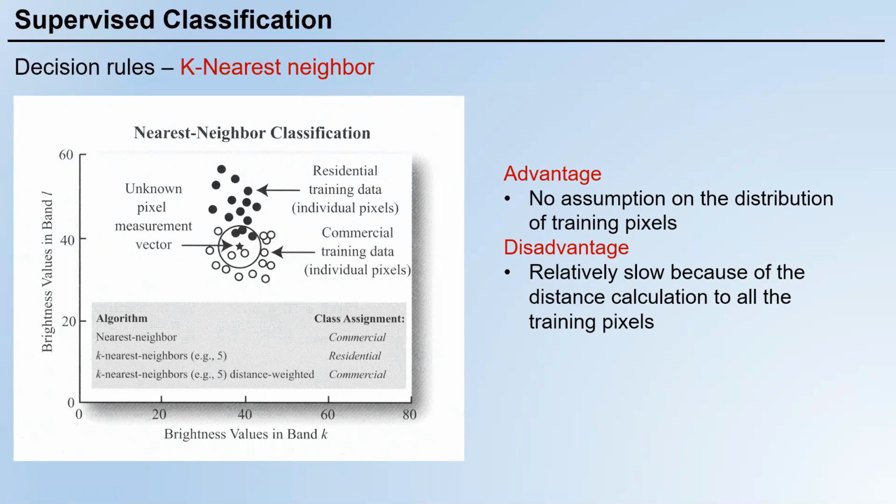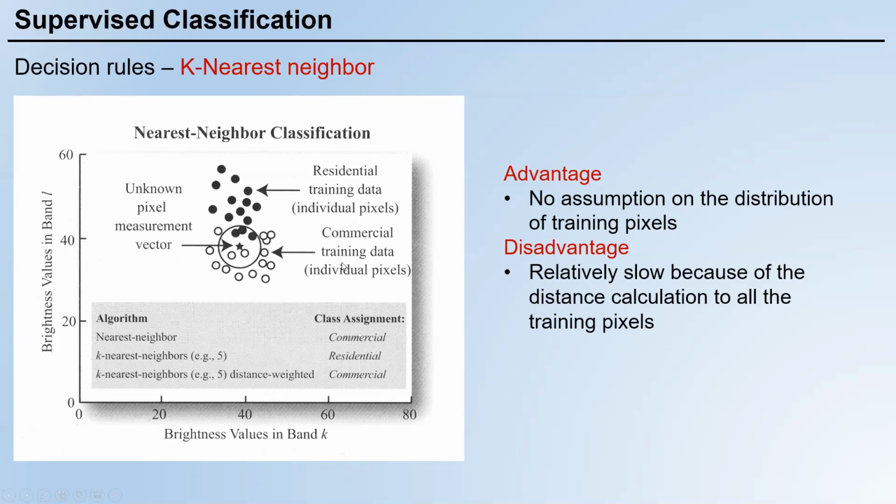The simplest way is finding out the majority of those 5 nearest neighbors. We have 3 pixels for residential, 2 pixels for commercial, so the majority is residential. We can assign this candidate pixel to residential.